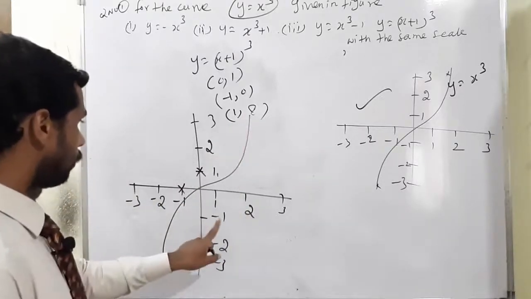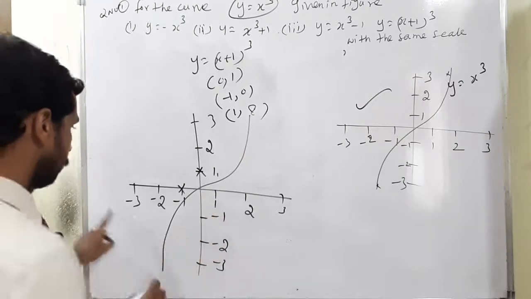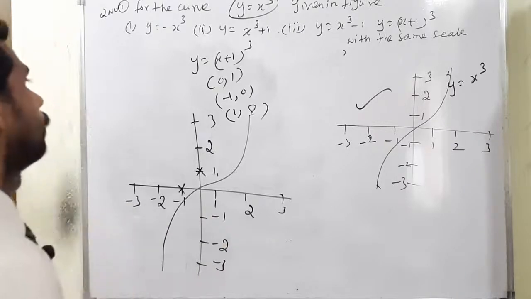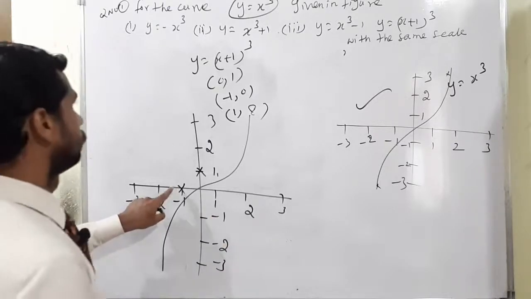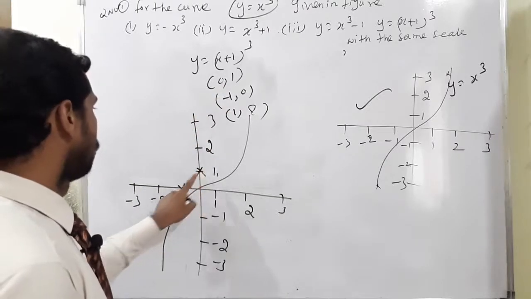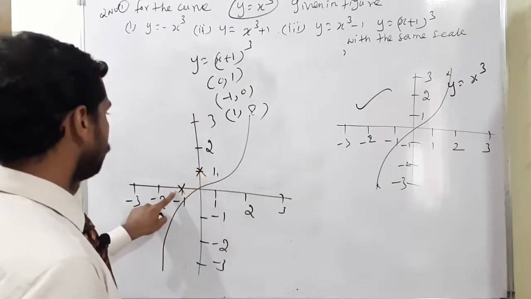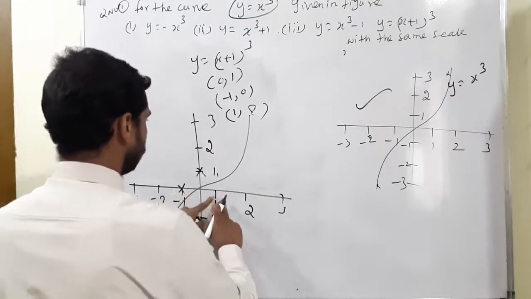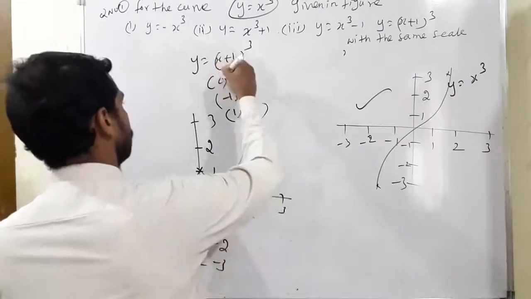So x is equal to 0, y is equal to 1; minus 1, comma 0; then positive 1, comma 8. The 1, 8 will come here, isn't it?